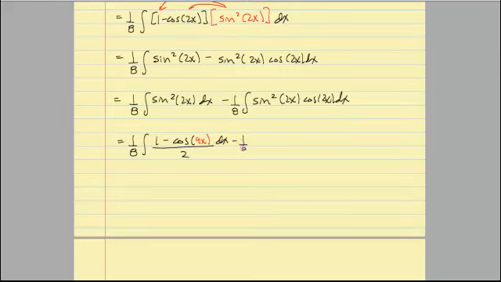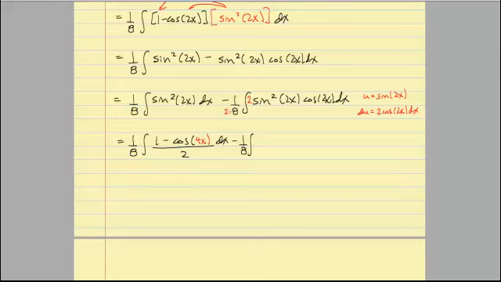Now here, minus 1/8, I'm going to let u equal the sine of 2x. du would be 2 cosine of 2x dx. So I have the cosine of 2x, I need the 2, so I multiply by 2 on the inside and compensate with a 1/2 on the outside.